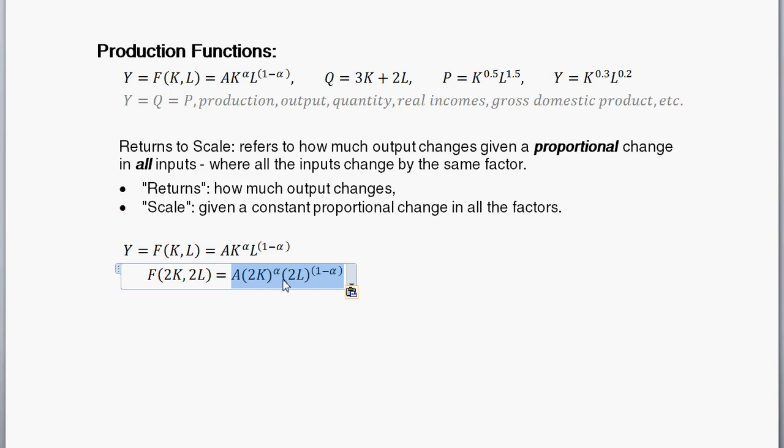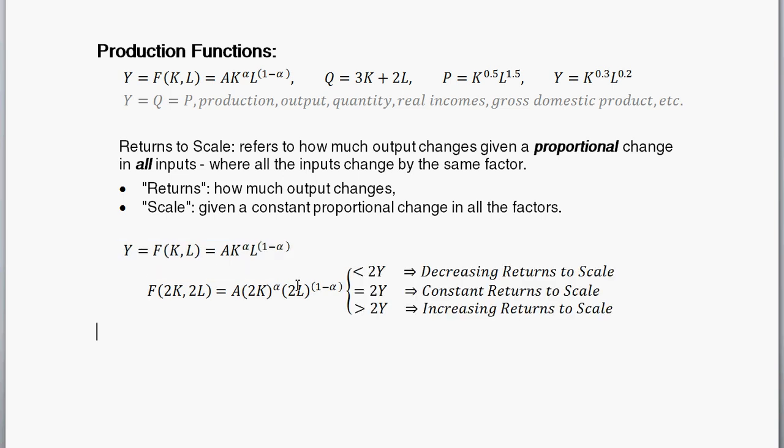Is the new level of output, given this doubling of the inputs, exactly twice as much as the initial production, or is it less than twice as much, or more than twice as much? If we double the inputs and exactly double the output, we refer to that as constant returns to scale.